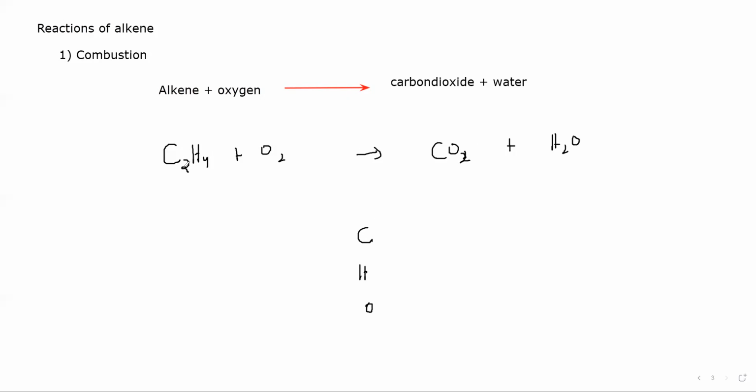I have 2 carbon on my left hand side, so I should put 2, so carbon is balanced. 4 hydrogen, so I should put 2, so hydrogen is balanced. What about oxygen? 2 multiplied by 2, 4, plus 2, 6. So I need 6, so I will put 3, so oxygen is balanced. So start with carbon followed by hydrogen and at the last oxygen. Is this balancing clear?